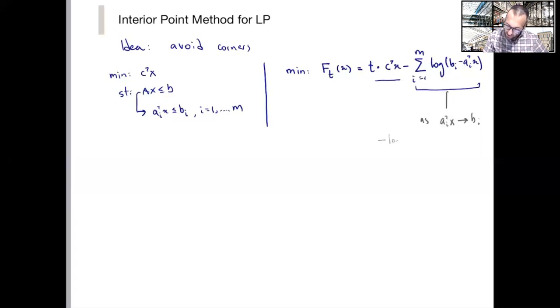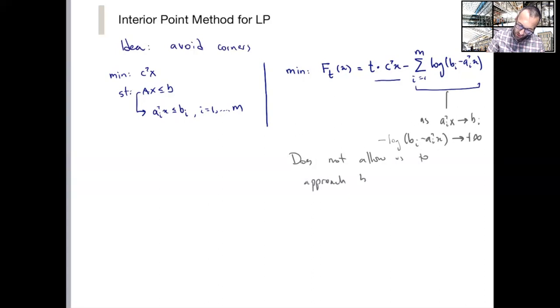So minus log of b_i minus a_i transpose x goes to plus infinity. This is called a barrier function because it does not allow us to approach the barrier.